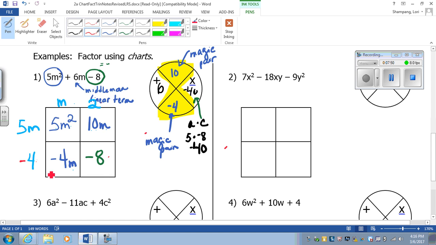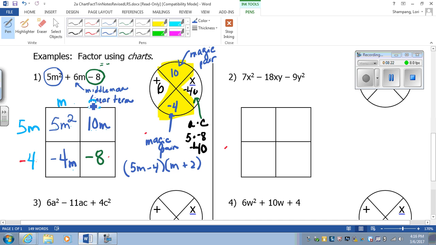So if we take each one of these binomials that we form, the light blue ones on the outside, and pull them out, we get 5m minus 4 times m plus 2. Again, if you don't see a sign in front of the 2, then we know that it's a positive number. We get these two binomials, 5m minus 4 times m plus 2.